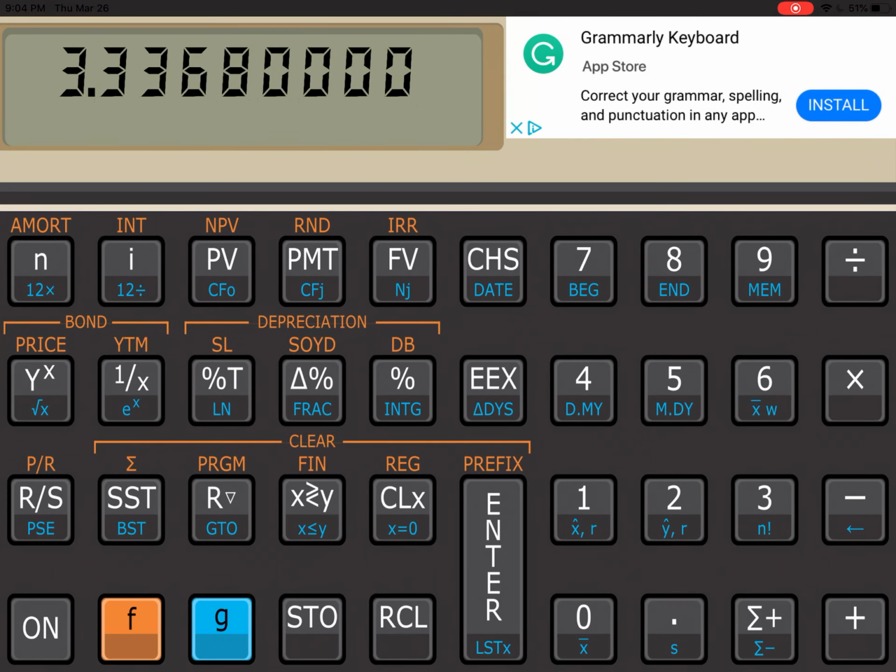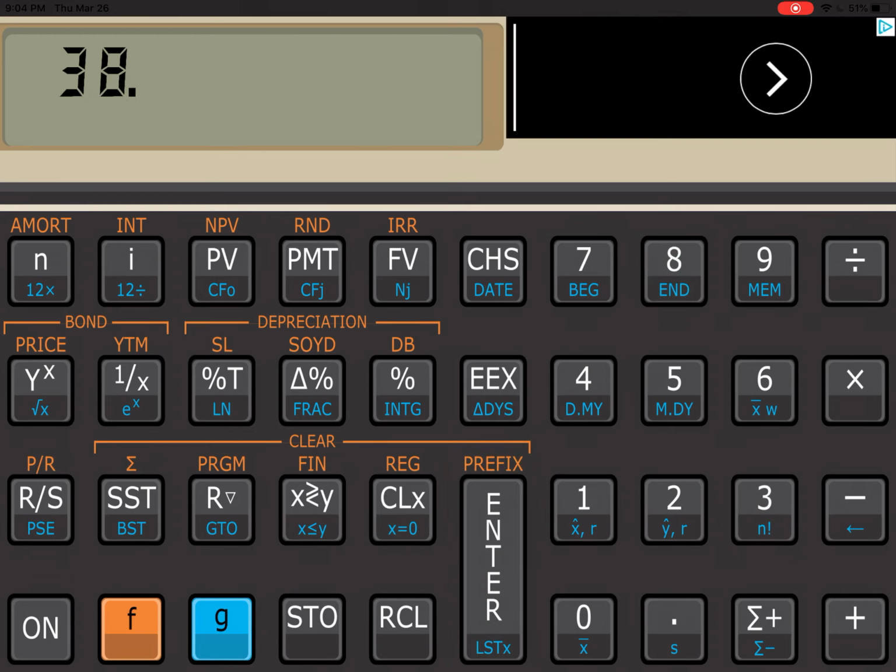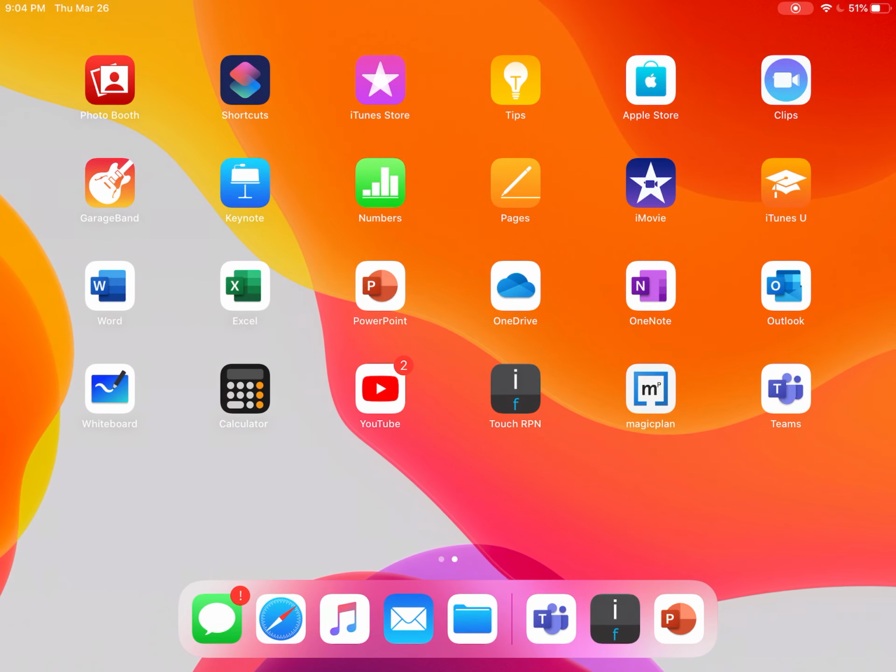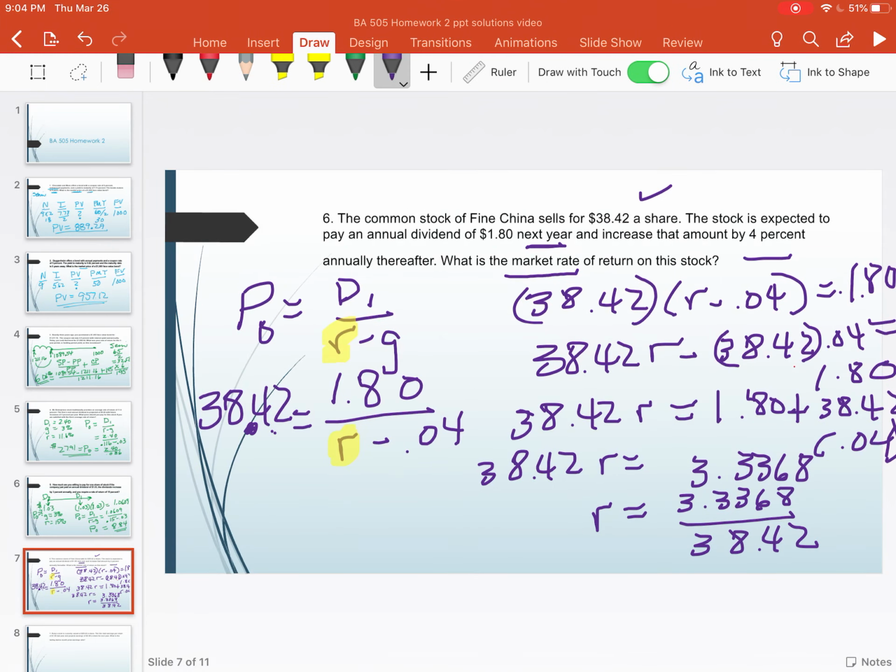Since we already have that in the system, we can just say enter, and then divided by 38.42 is 8.68 or 8.69 if you wanted to say it that way. So 8.69 is equal to R, and that's percent. Okay?